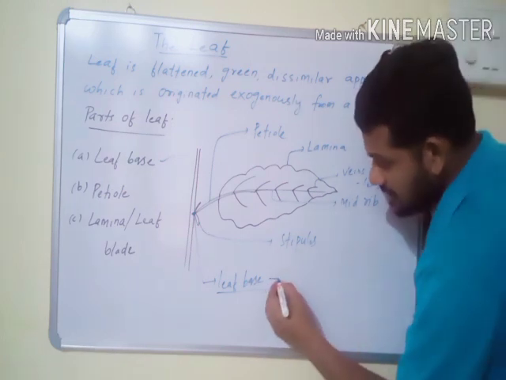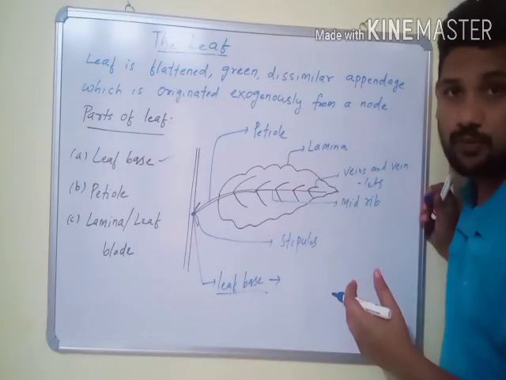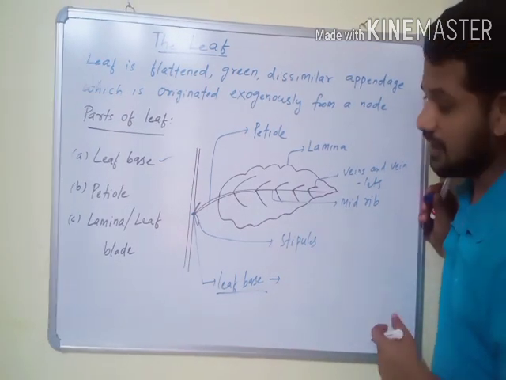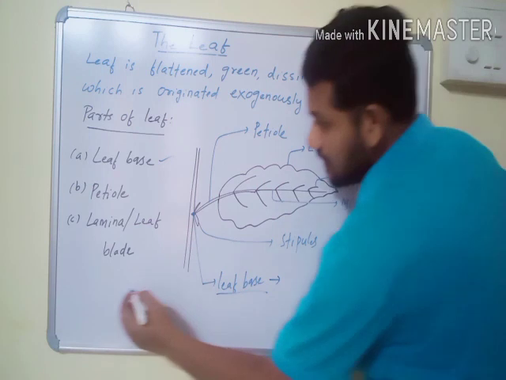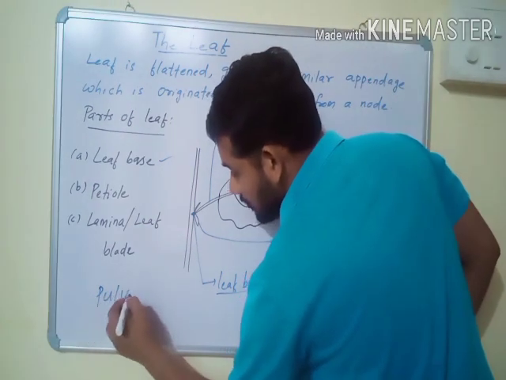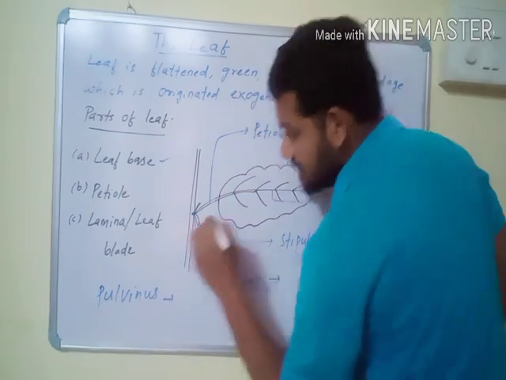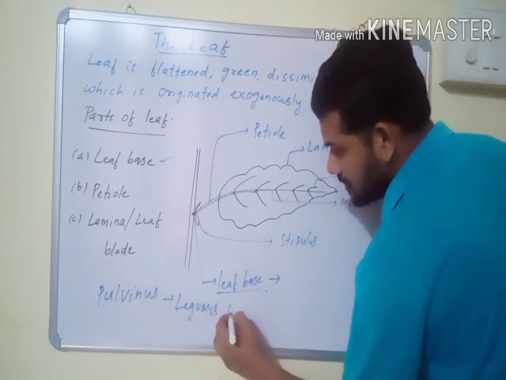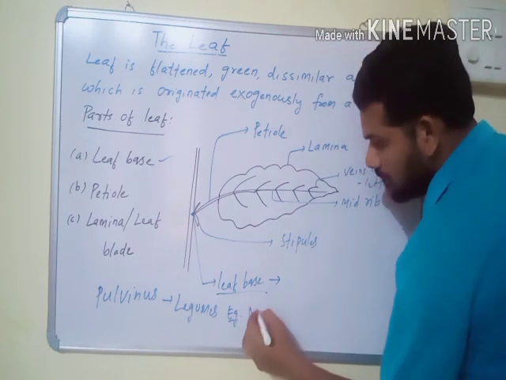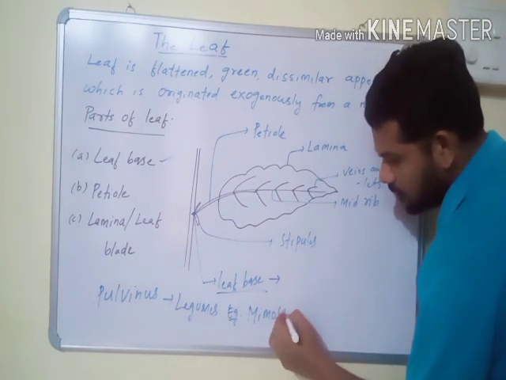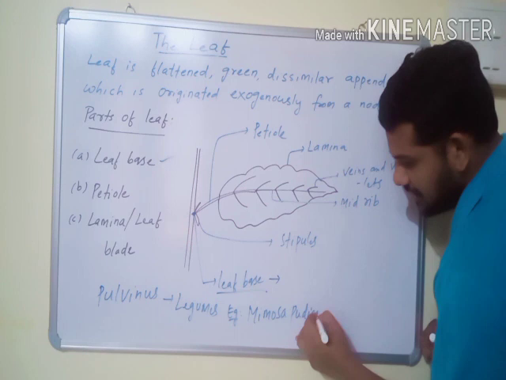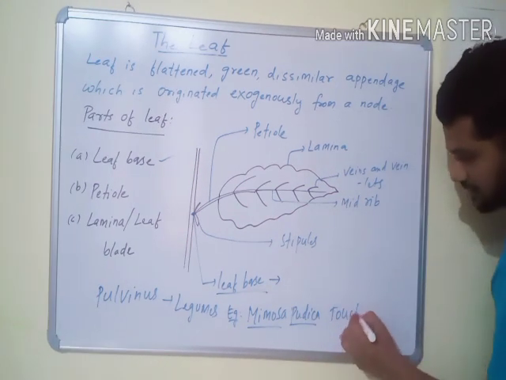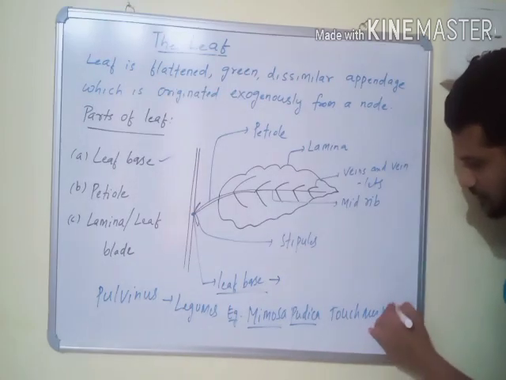In some cases, the leaf base stores a large amount of water and becomes swollen, and the swollen leaf base is called pulvinus. Pulvinus type of leaf base is usually present in some of the legumes, for example Mimosa pudica, the scientific name of the touch-me-not plant.